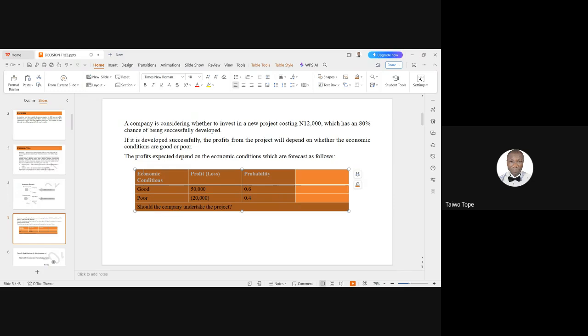So you have two options, either to develop or not to develop. Now, when you develop, you have another two occurrences.